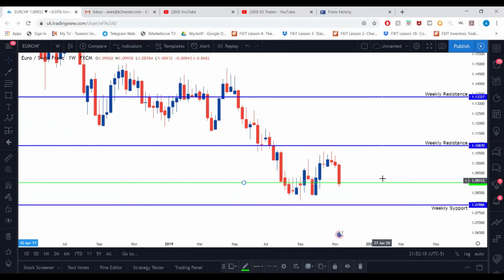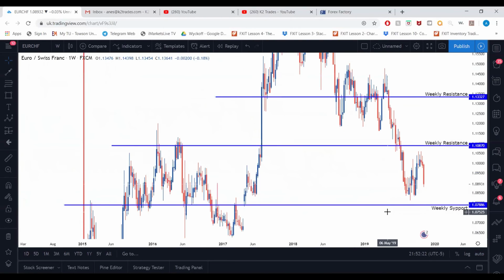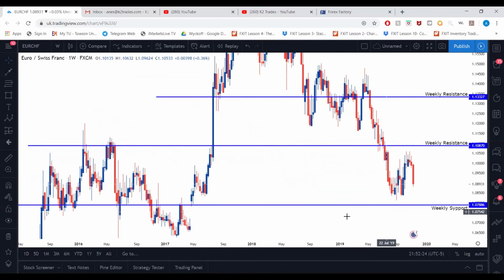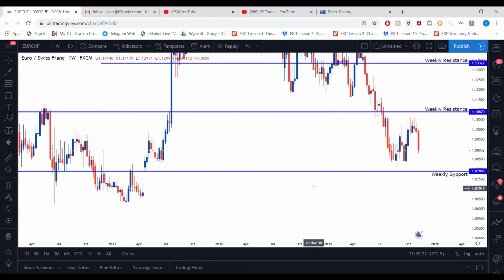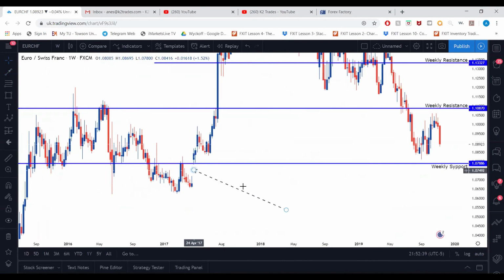That's insane. Well, this honestly might be coming all the way down to 1.07000 to cover this gap here that was never filled.